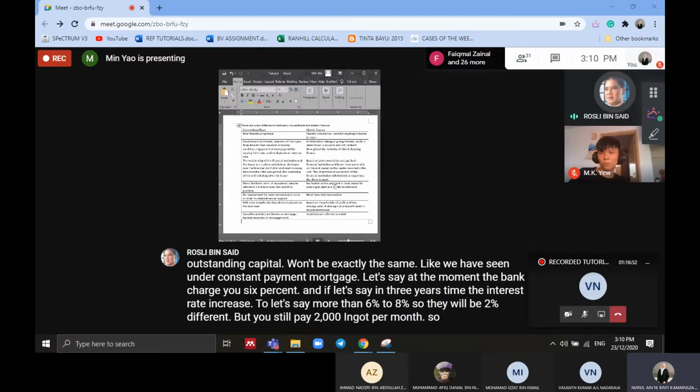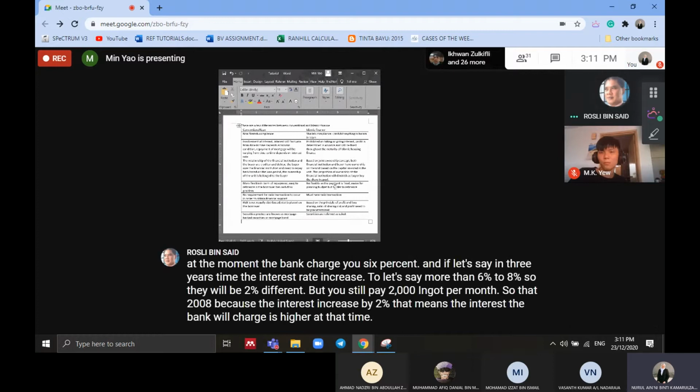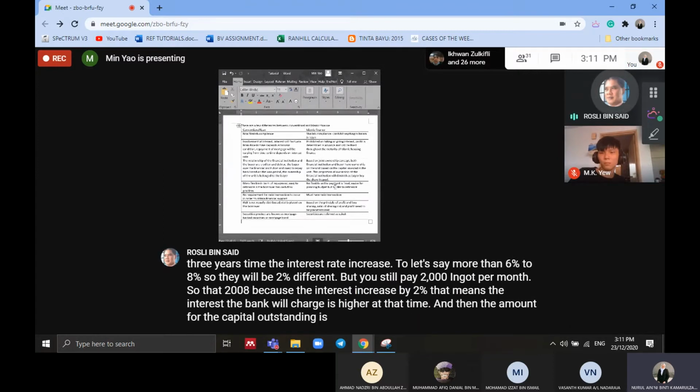Because the interest increases by 2%, the interest the bank will charge is higher at that time. And then the amount paid for the capital outstanding is lower than you are supposed to pay. You see what I mean or not?